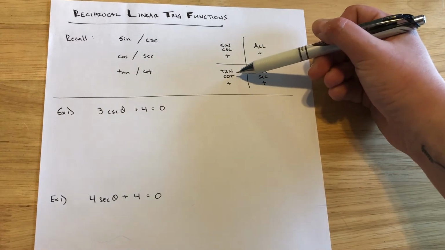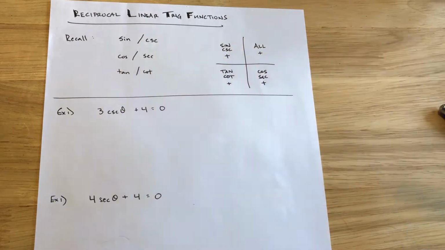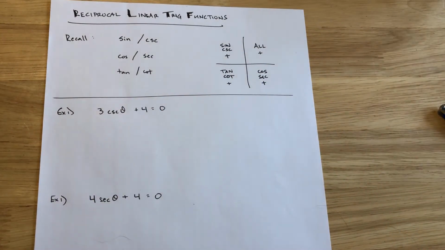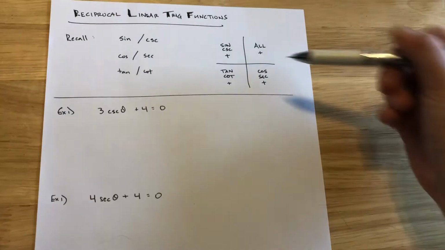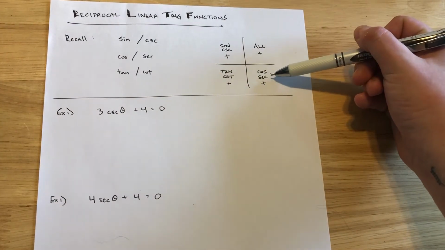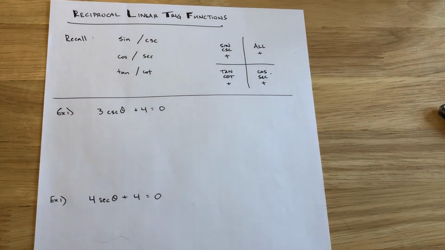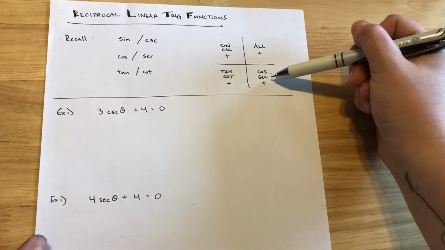Quadrant 3, tangent is the only positive ratio down there, but cotangent is also positive because it uses the same y and x and has a positive ratio. Cosine is the only positive one in quadrant 4, but so is secant. Since it uses the same hypotenuse and x value, it is also positive.